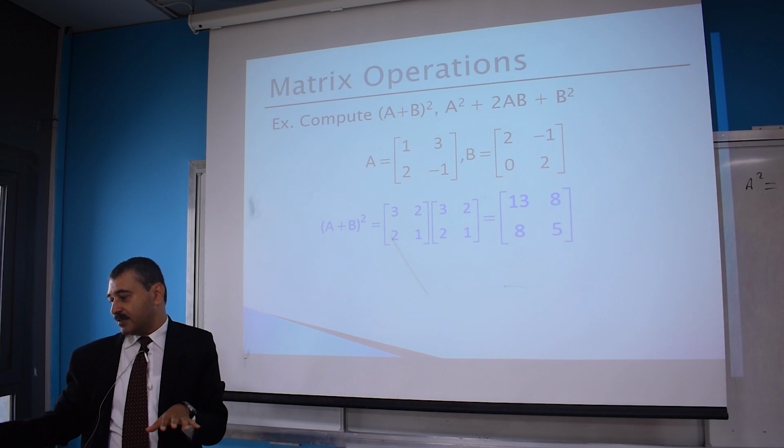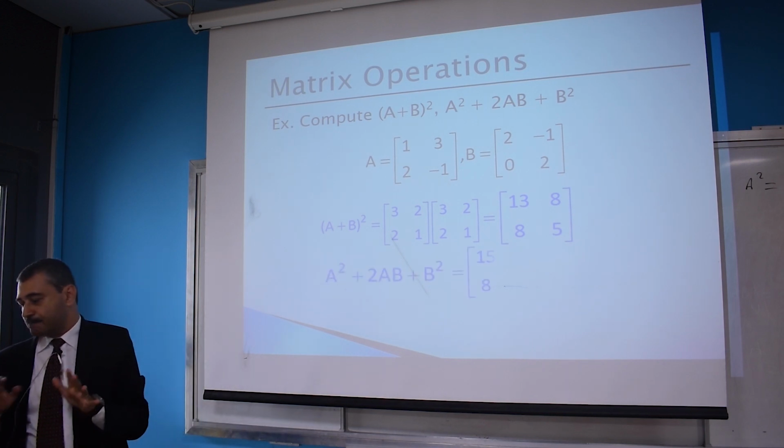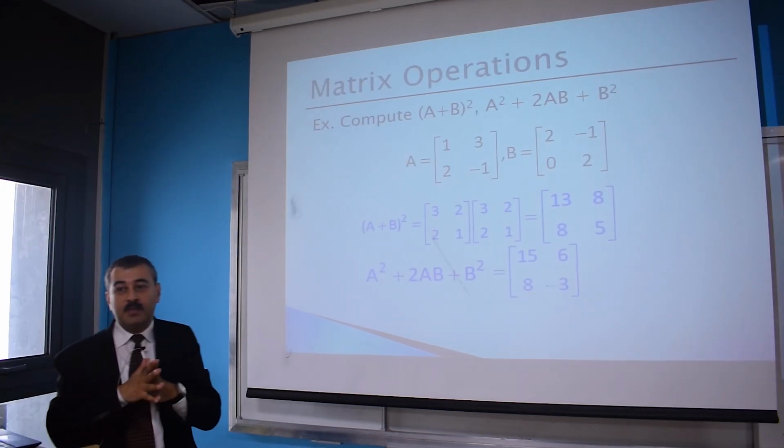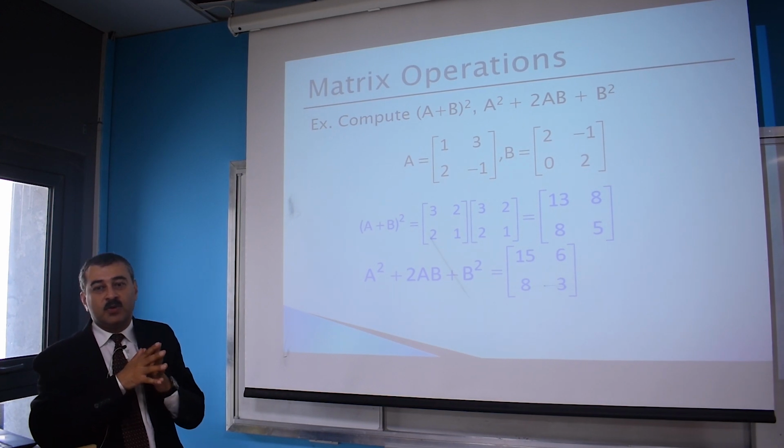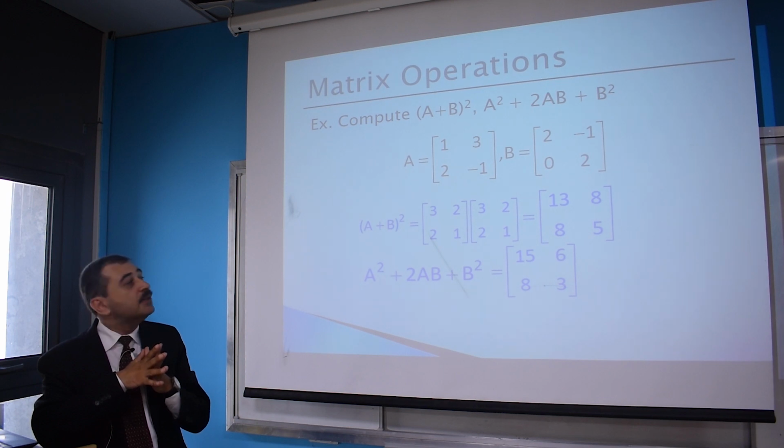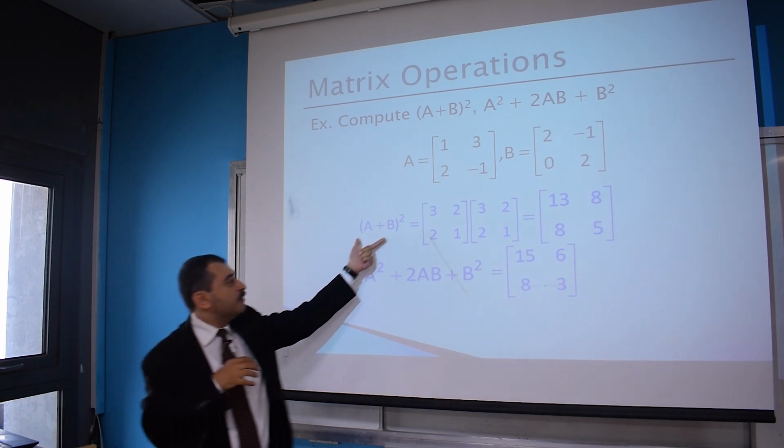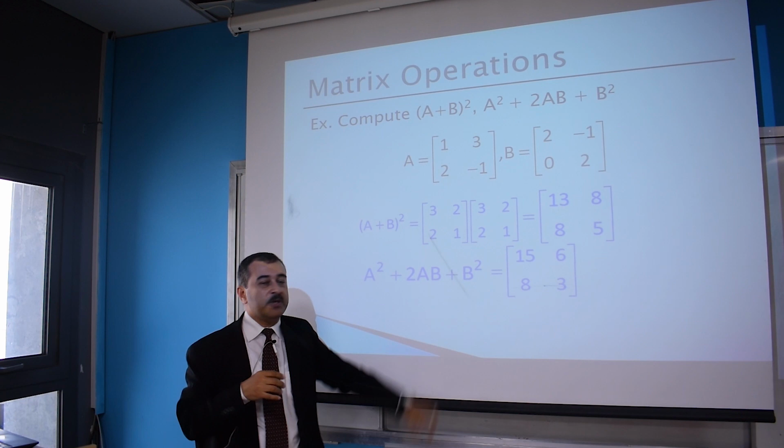If you do this, you are going to get this answer. So what did you notice in the result of these two values? (A plus B) all squared and A squared plus 2AB plus B squared.